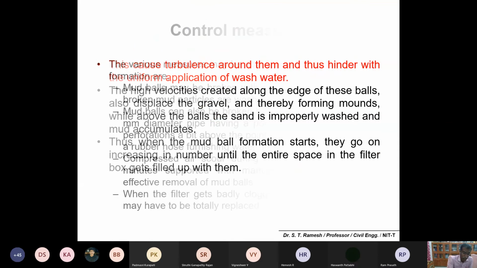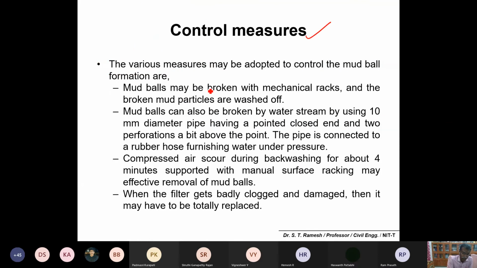So how to control these mud balls? Number one, these mud balls can be broken with mechanical rakes, and the broken mud particles are washed off. Number two, you can also use a water stream, using a 10 diameter pipe, and you can point this water stream directly on the mud balls on the top, which is also possible to collapse the mud balls.